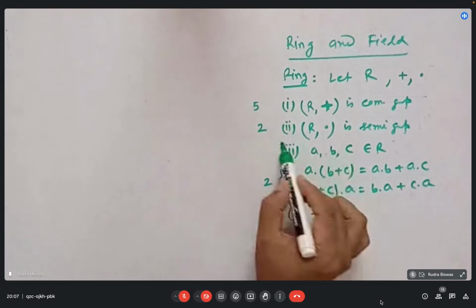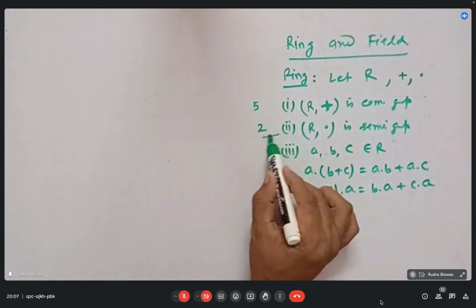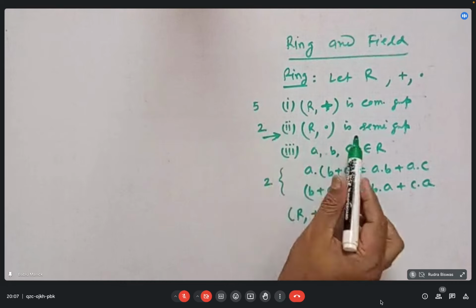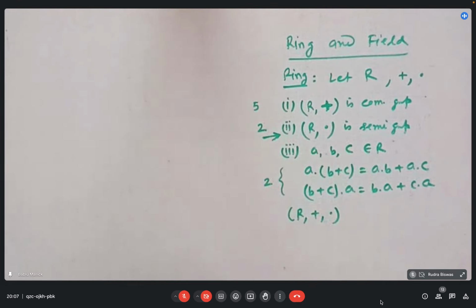Now I shall add conditions one by one here. Semigroup means closure and associative.